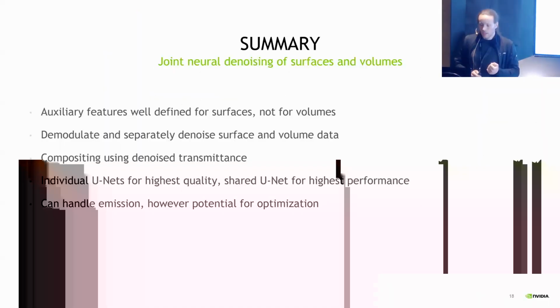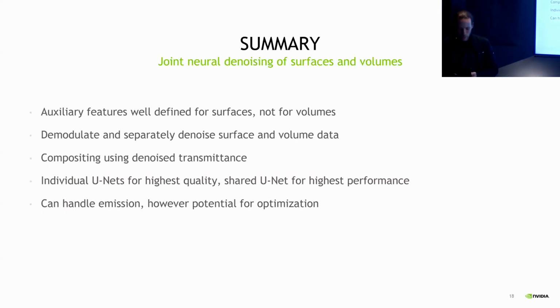Right. So finally, to sum up, we learned that auxiliary features are the main difference between denoising volumes and surfaces. They're well-defined for surfaces, ill-defined for volumes. In order to deal with that, we want to demodulate and separately denoise both of the signals, and finally composite the results using the transmittance, which is also denoised.